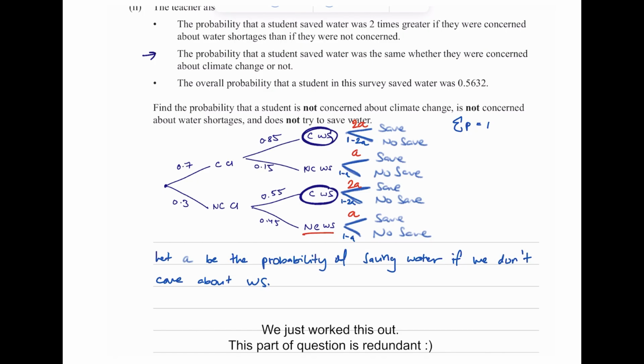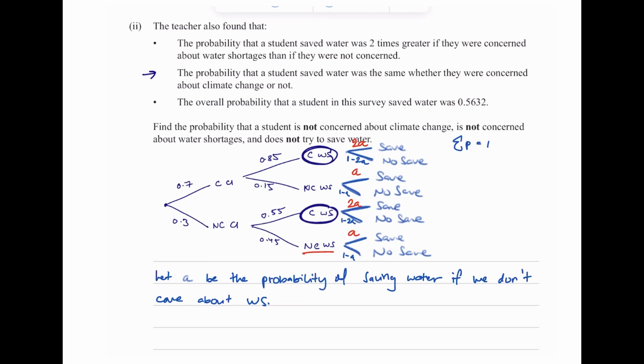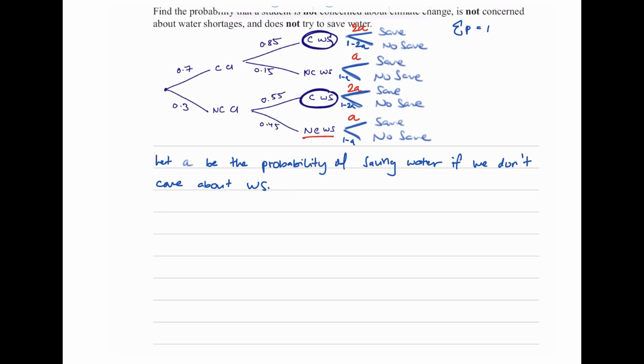The overall probability the students save water was 0.5632, right? So the probability that we save water is equal to 0.5632.